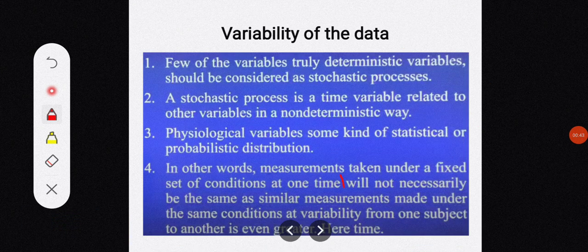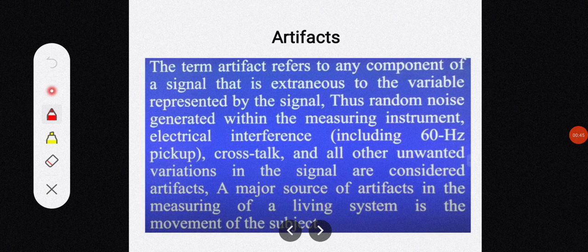So what is an artifact? You're going to measure a physiological variable from a human body. What will you do? You will use a transducer for measuring that physiological variable. Now this transducer is going to represent that variable in terms of a signal.